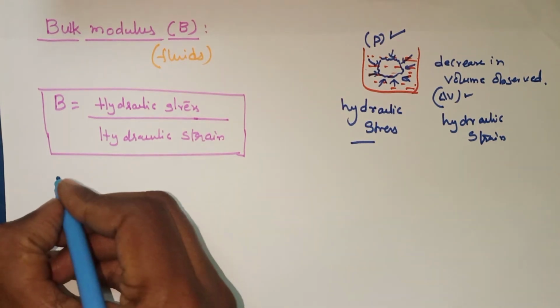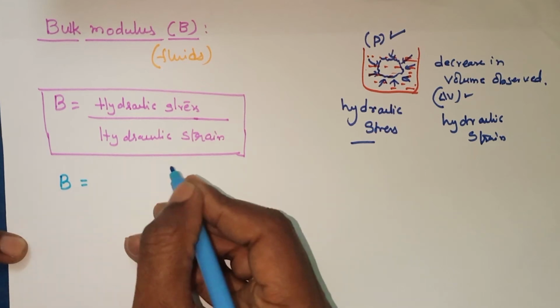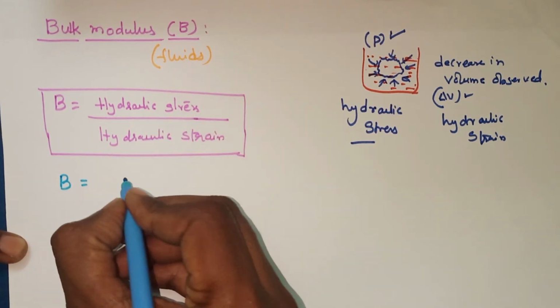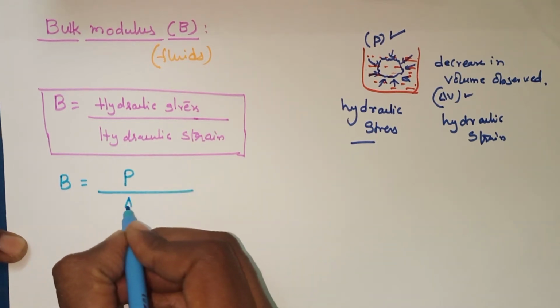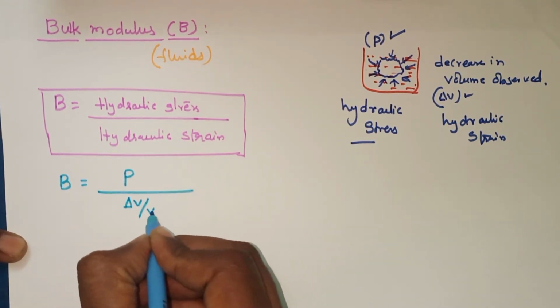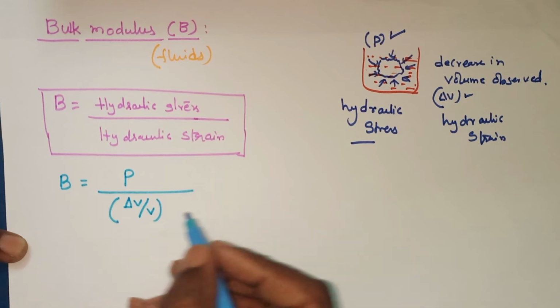How to write this? Hydraulic stress is the pressure, and the strain is the change in volume to the original volume.